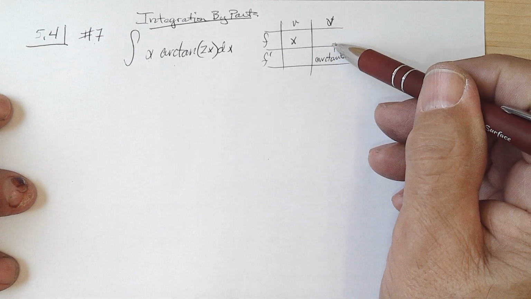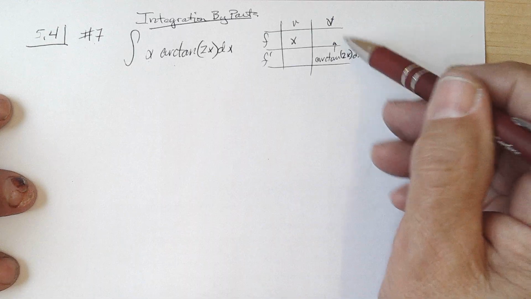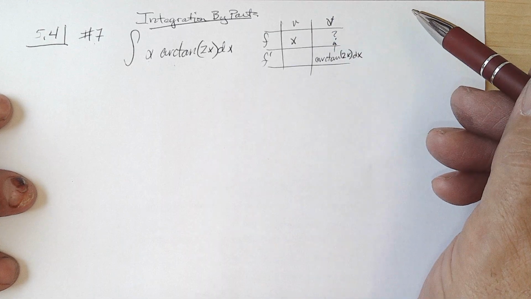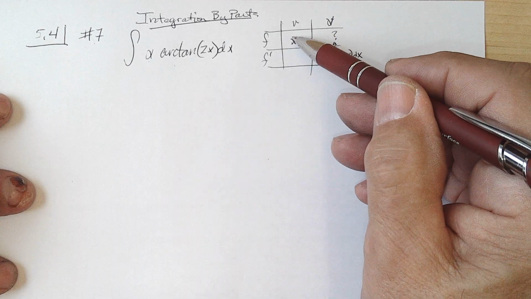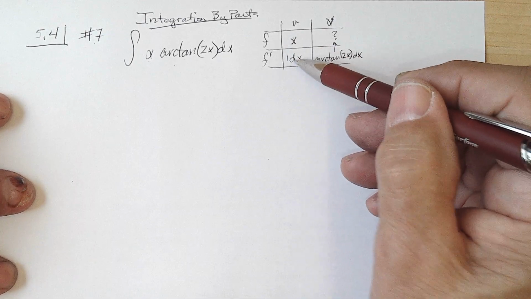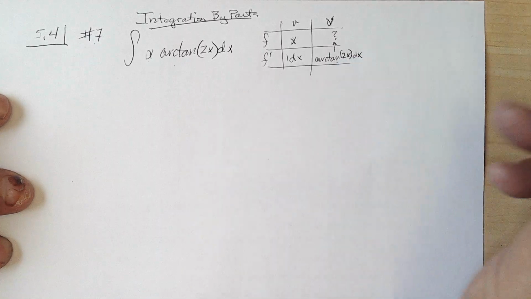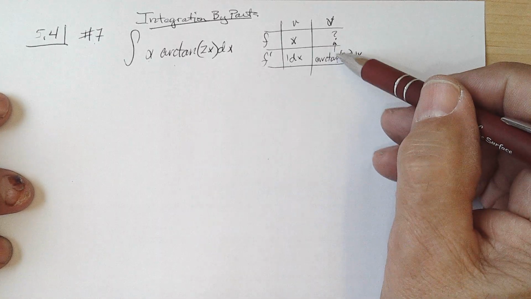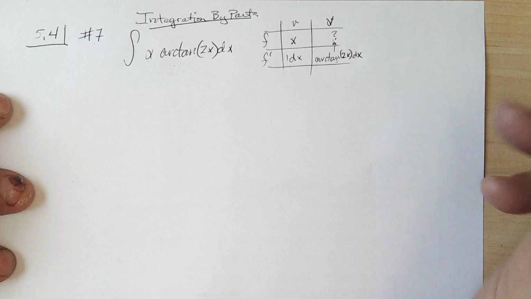But then we have to know the antiderivative of arctangent of 2x, which is a little bit challenging. So normally we would put x there because this gets simpler. It'd be 1 dx when you take the derivative. So this is a bit of a challenge to do.